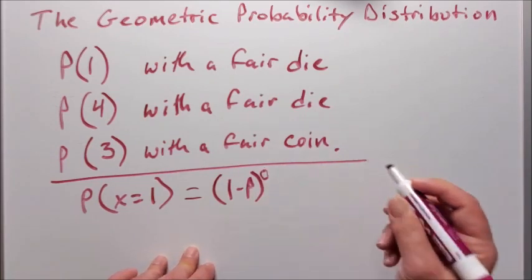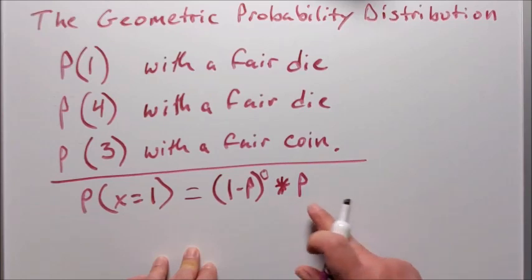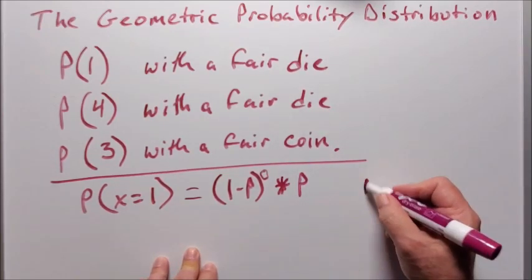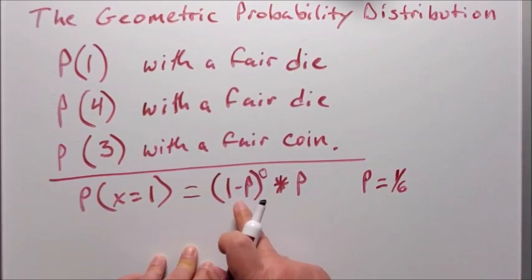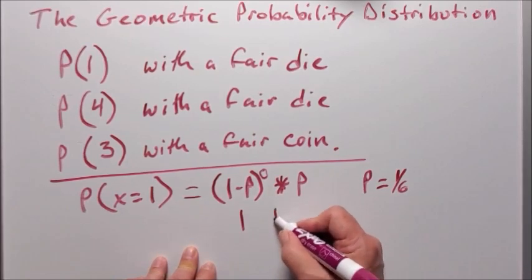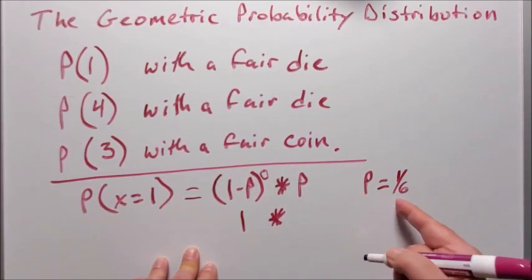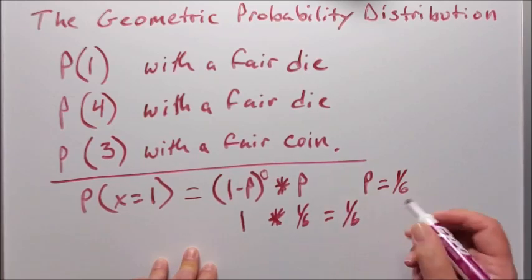That's 0, times the probability p. We're still defining p as being equal to 1/6 because it's a fair die. So I have some expression to the power of 0, that's going to give me a 1, times 1/6, and that's the answer. Simple?